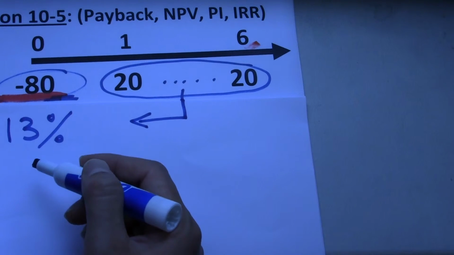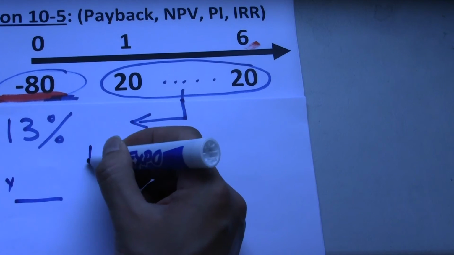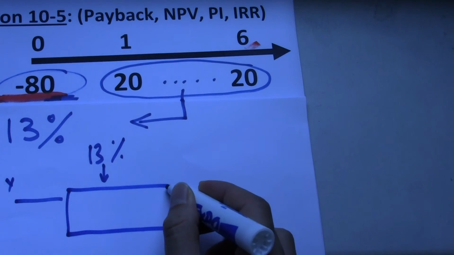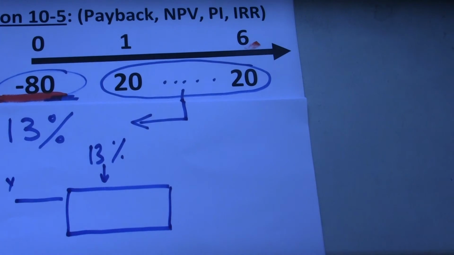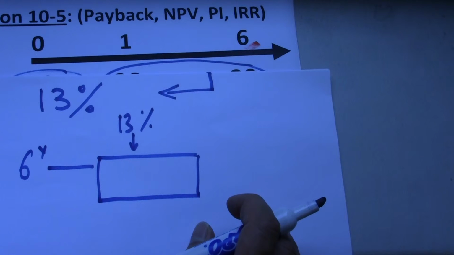In this case, you look at the row for 6 years and the column 13%, right? What is the value in that cell? Okay, let me see.